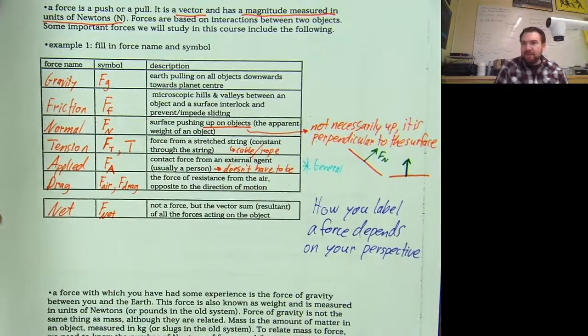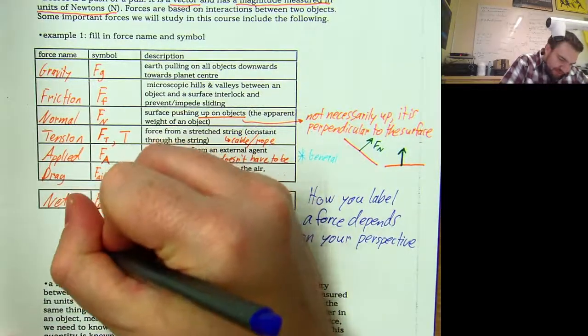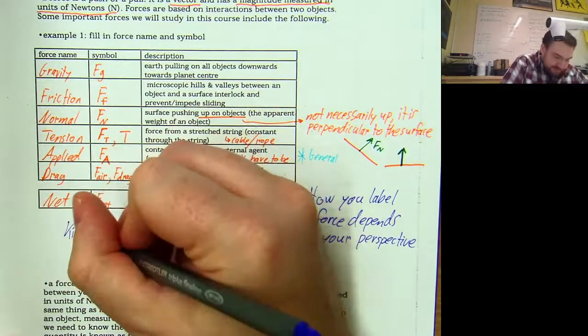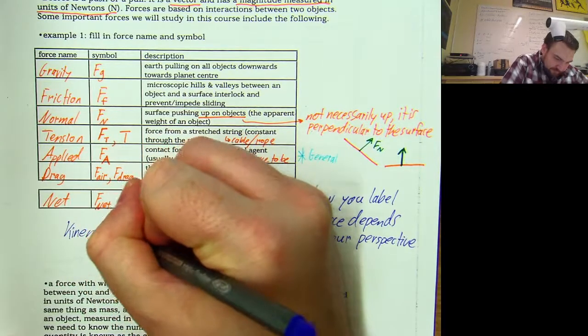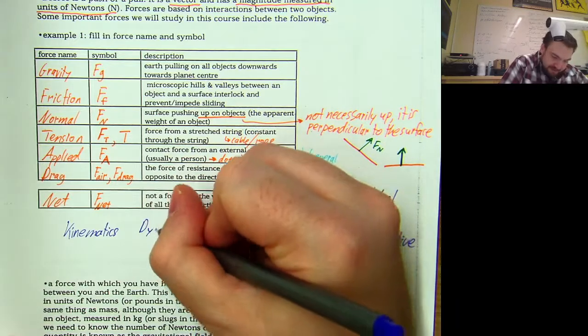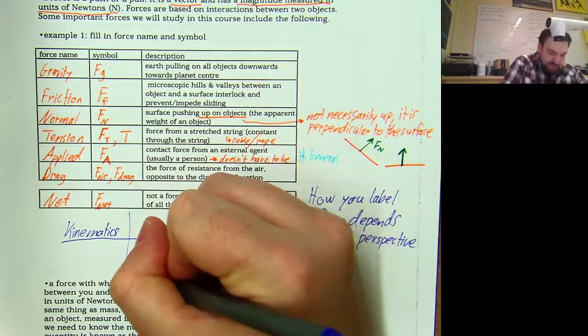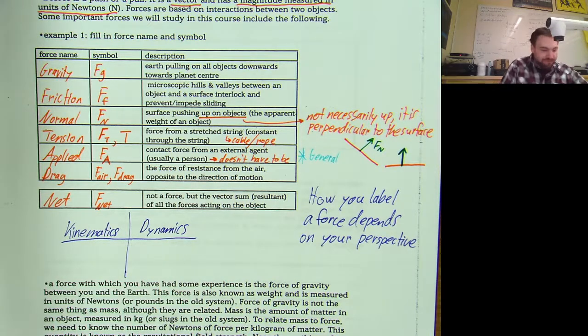A note that I want to make here, we're going to start talking about gravity. There's a distinction here that we're going to make between kinematics and dynamics. Kinematics is the chapter we just came from. Dynamics is where we're going. We're going to differentiate some gravity rules.